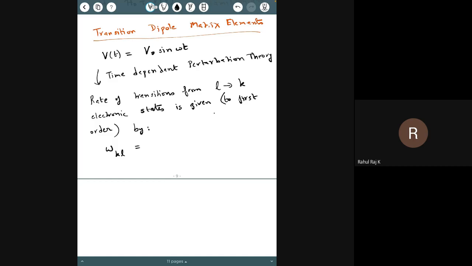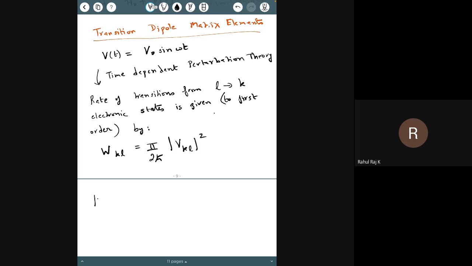So W is pi by 2H cross, then the magnitude of a matrix element of the perturbation between these two states squared.